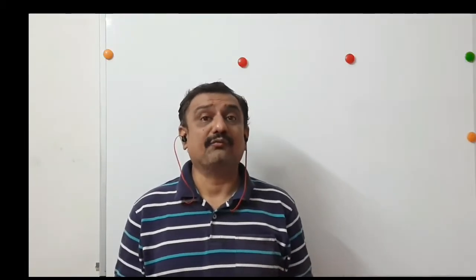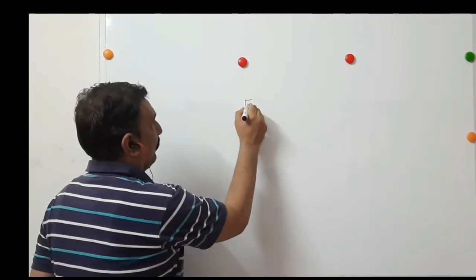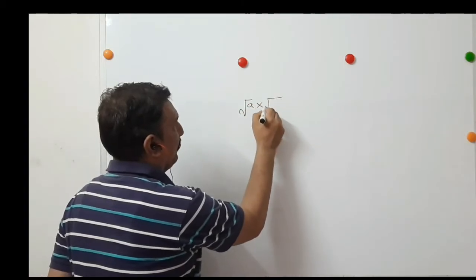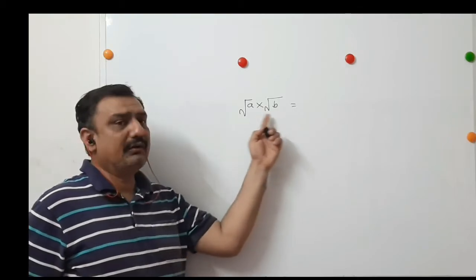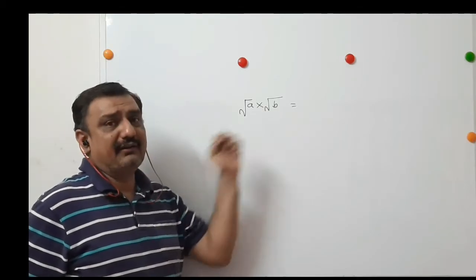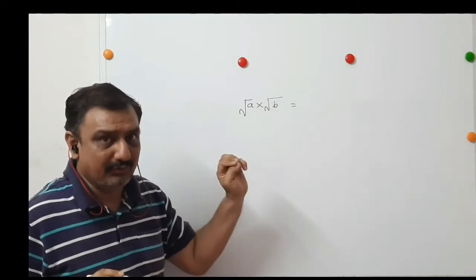Okay students, now let us learn the rules of multiplication and division for algebraic irrational numbers. Suppose root A into root B is given. Here both algebraic irrationals have the same root, square root.